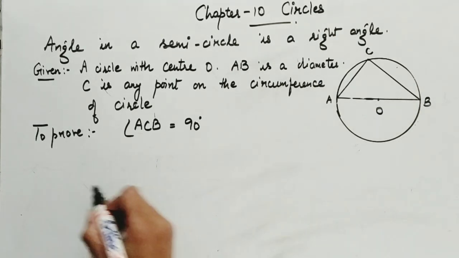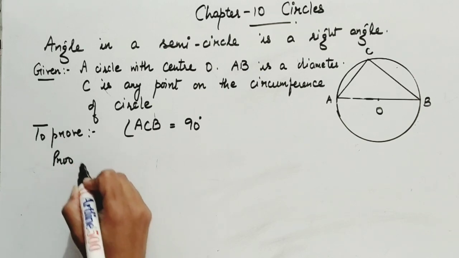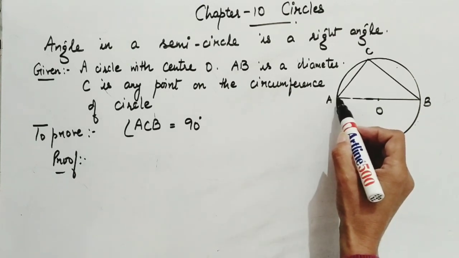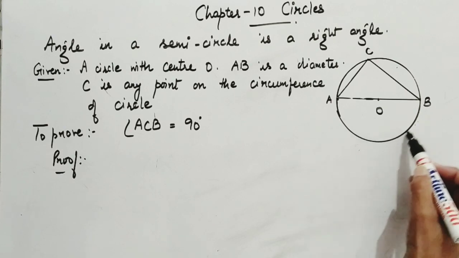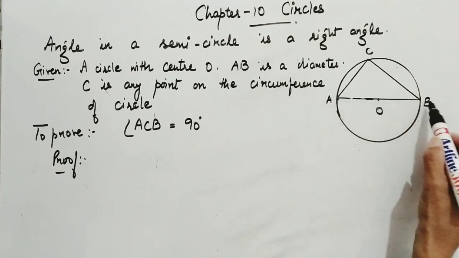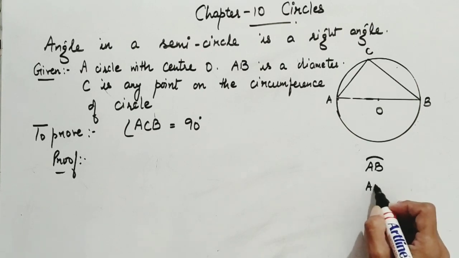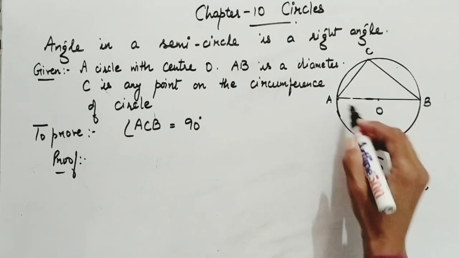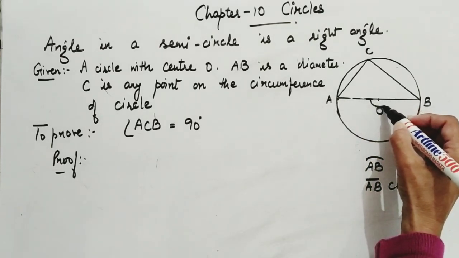Straight away we would apply the result, and that result is, we know any arc, because see, if you observe it, AB is an arc. On connecting this, AB is a chord. Arc AB is converted to chord AB. So this chord AB has formed, what is the angle over here?